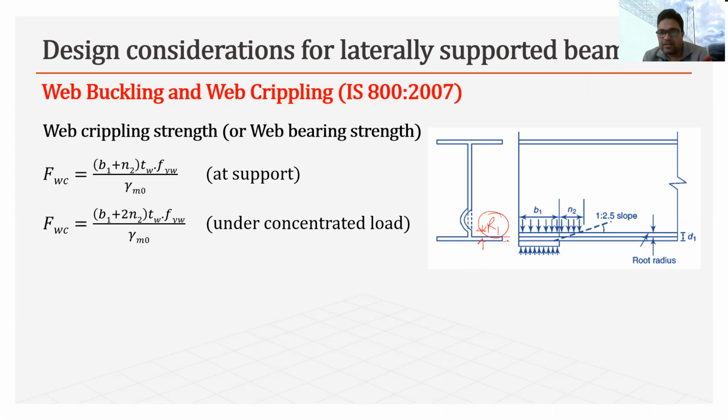Similarly, then this is the thickness of flange. Now the web crippling strength will be taken as B1 plus N2 into TW into FYW. Fy is the yield strength of web, TW is the thickness of web, B1 plus N2 is the effective length.